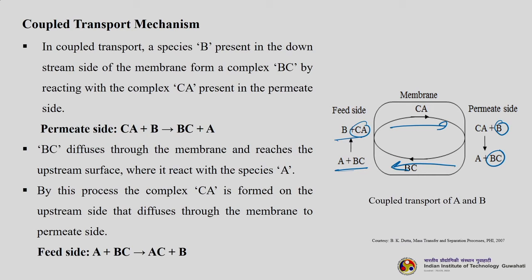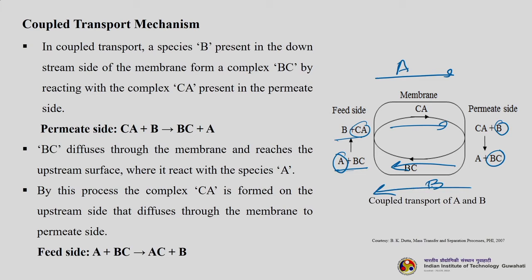BC diffuses through the membrane and reaches the upstream surface, where it again reacts with the surface species A, forming a complex CA and releasing B. This is how it happens. So, what is happening here? The transport of A is happening on this side, and the transport of B is happening on this side.